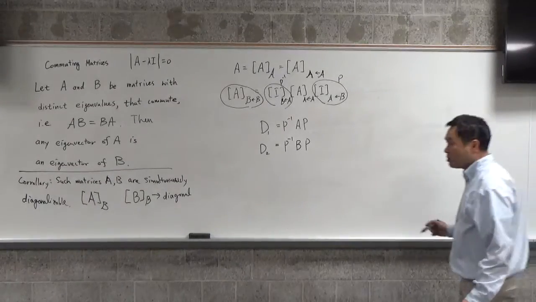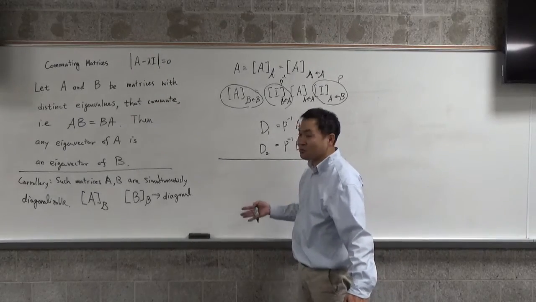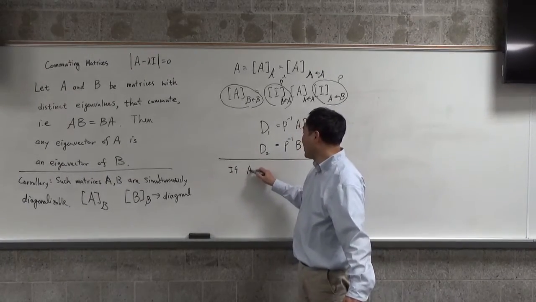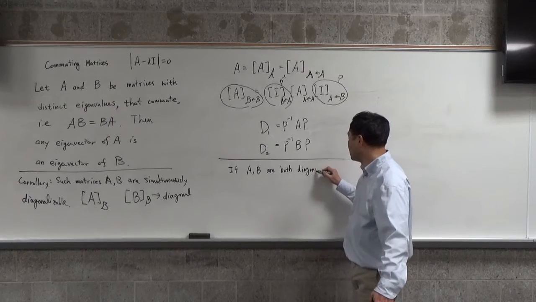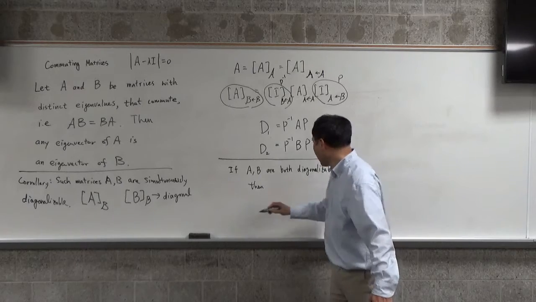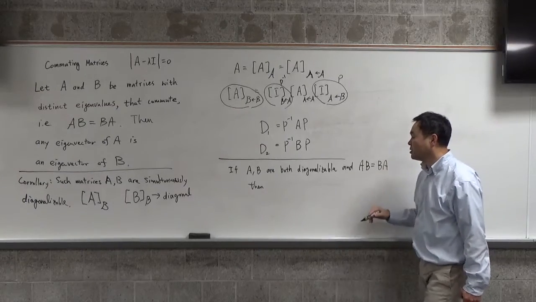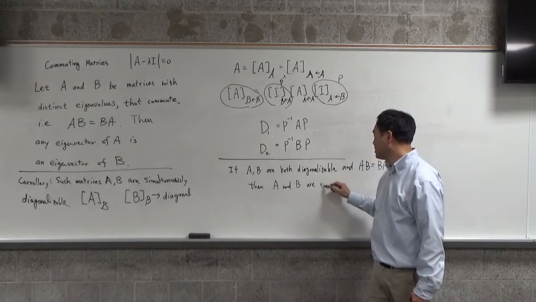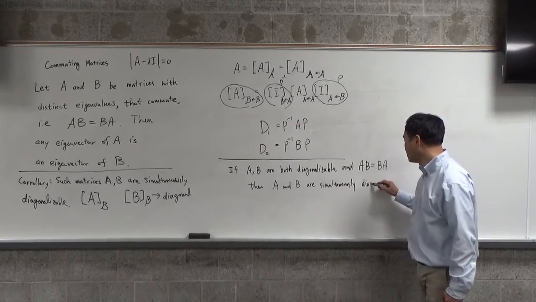So the general theorem, which we didn't do enough theory to prove, but this work kind of supports it, says that if A, B are both diagonalizable, and AB is equal to BA, if they commute, then A and B are simultaneously diagonalizable.